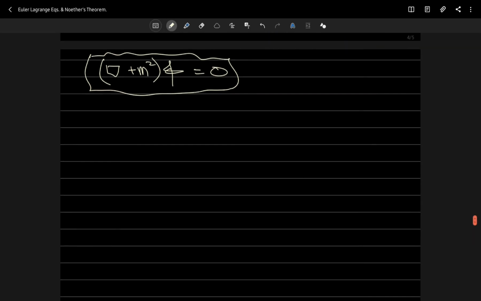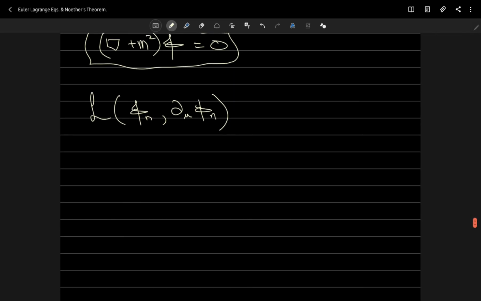Now let me write this down: note that your Lagrangian density is a function of phi and partial mu phi. But say you have more than one field, so let's generalize this a bit. So let's add the subscript n to your fields. Now, because I said that the symmetry will be continuous, from that we have delta L over delta alpha has to be 0. It has to be small, so it's 0.